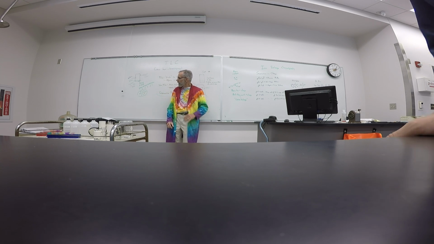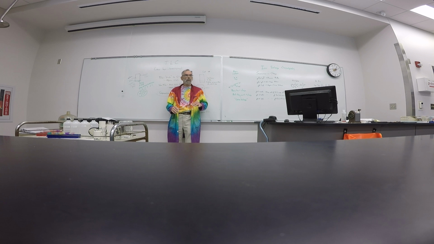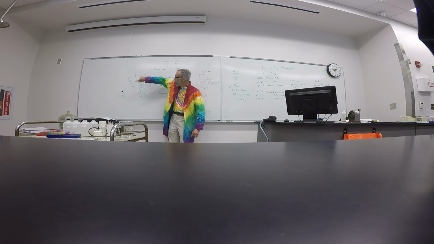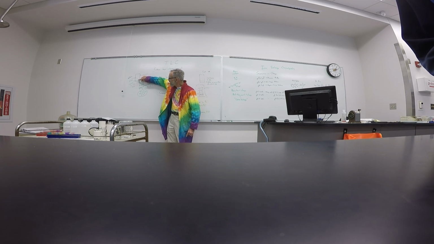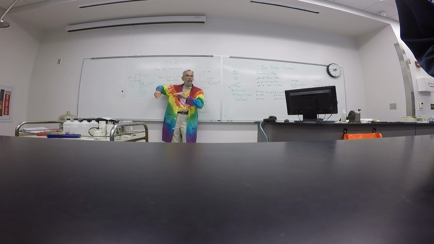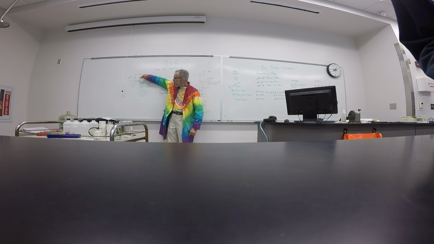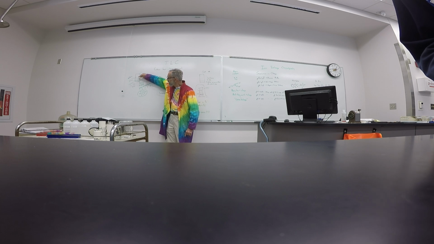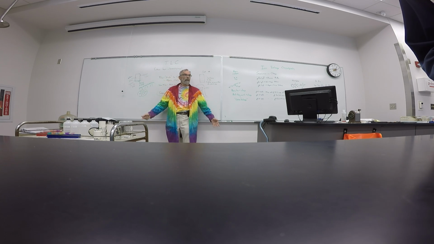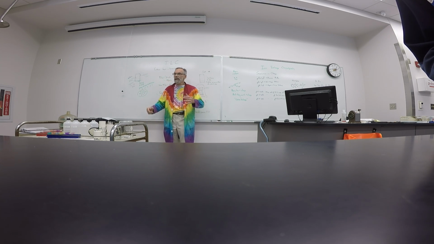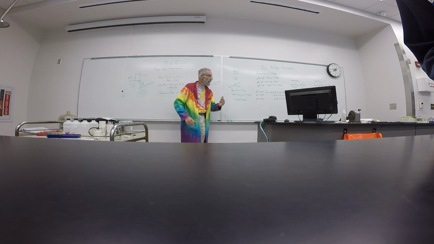So the separation you're going to get here is a separation by polarity. Things that are polar are going to want to stick to the silica gel, so they don't want to move. Things that are nonpolar are going to want to move with the solvent, and the more nonpolar they are, the more they're going to move to the top of the gel. Very simple as that. So you're doing a separation based on polarity.